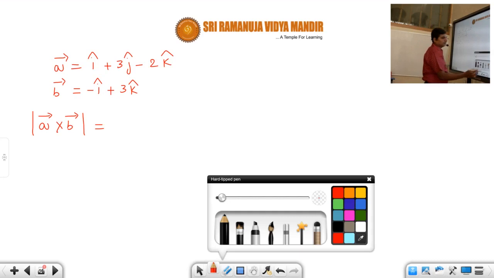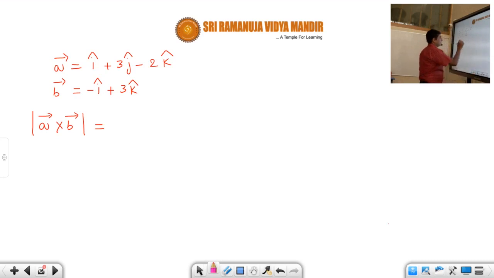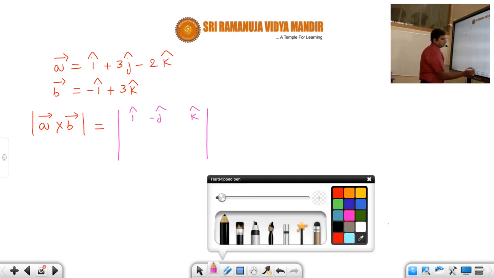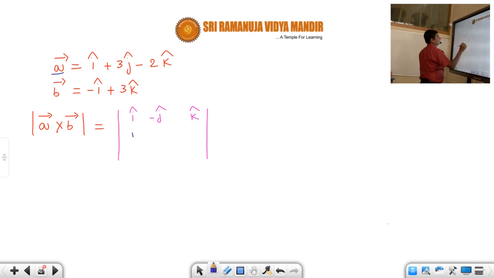For that, first you have to write down the matrix, students. In that matrix first write down I cap, J cap and K cap. But for J cap we should always write minus. Then write down the coefficients of I cap, J cap and K cap for A vector. That means 1, 3 and minus 2.